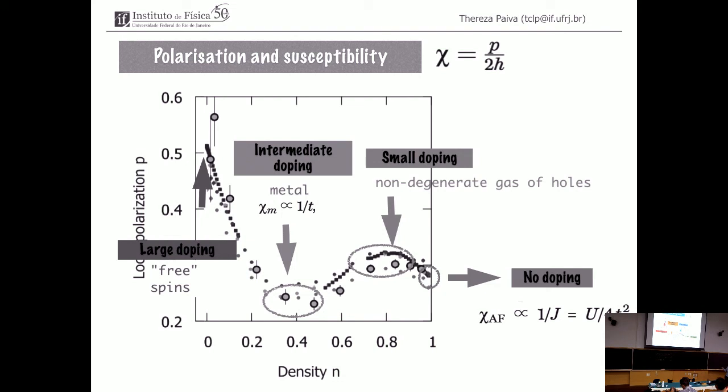As we dope a little, we have some non-degenerate gas of holes that has a higher susceptibility and then a higher polarization. As we dope some more, we enter the metallic phase, and then we expect the susceptibility to grow. And for the very doped system, it's almost as if we have free spins that align with the field, and then we have this boost in the susceptibility.